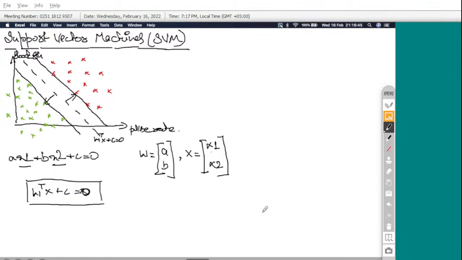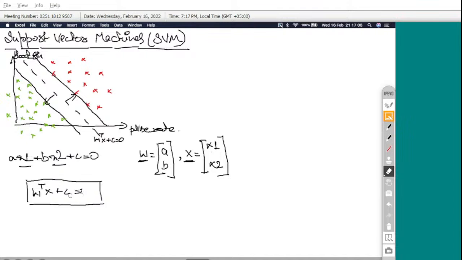But the equation of a plane contains three variables. This has x1 and x2. x1 and x2 are in vector X. They have coefficients a and b that are there in vector W. If we do W transpose X, we will get ax1 plus bx2 plus c equals to 0.